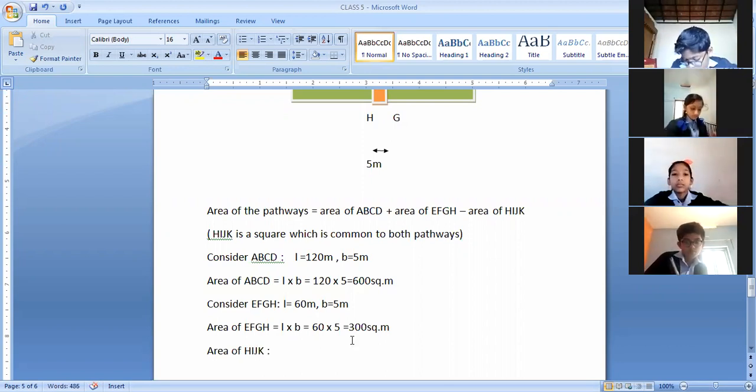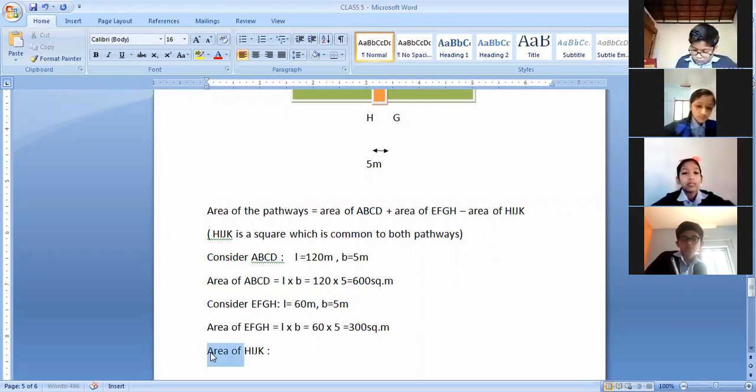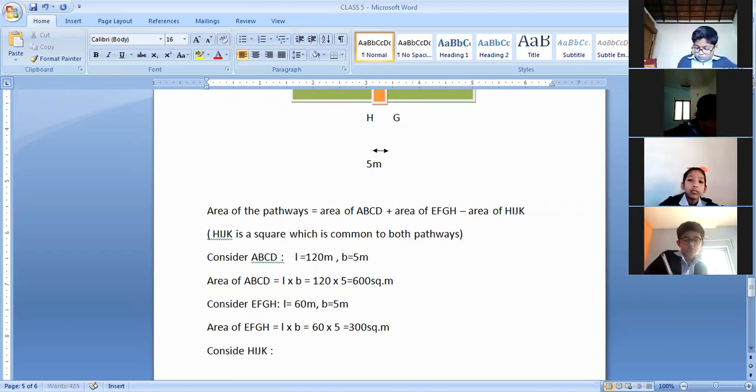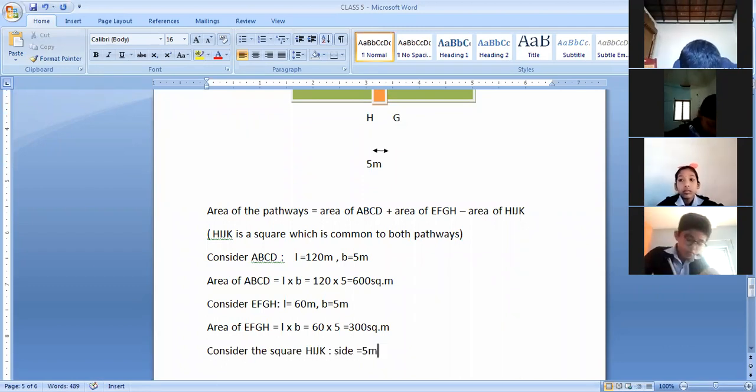Okay. Consider square HIJK. What is the side here? 5 meter is the side of that square.